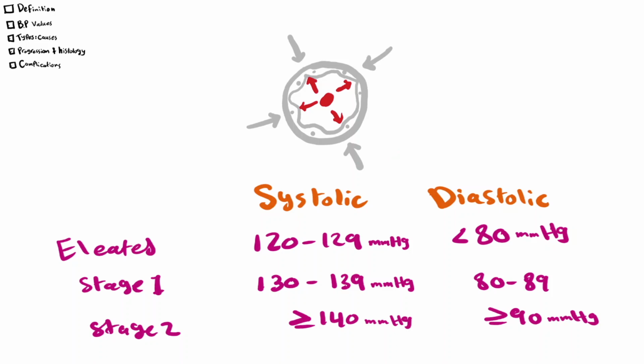It is elevated if the systolic goes above 120 up to 129. We have stage 1 hypertension if it is 130 to 139 and the diastolic is 80 to 89 millimeters of mercury. Above that is stage 2 hypertension.